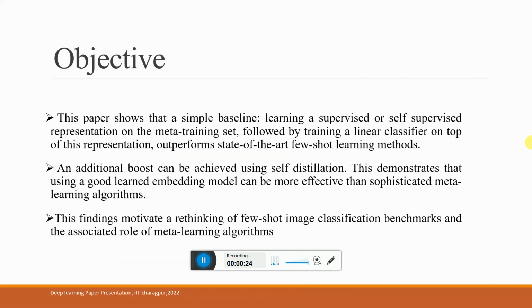In this paper, they propose an extremely simple baseline that suggests that good learned representations are more powerful for few-shot classification tasks than the current crop of complicated meta-testing algorithms. It is a simple baseline: learning a supervised or a self-supervised representation on the meta-training set, followed by training a linear classifier on top of this representation, outperforms state-of-the-art few-shot learning methods.